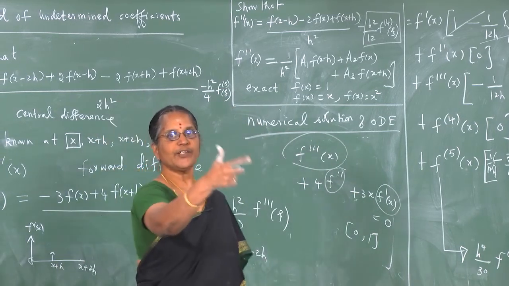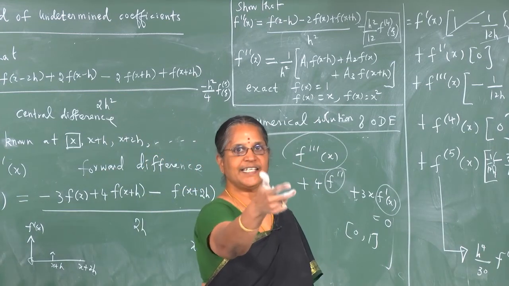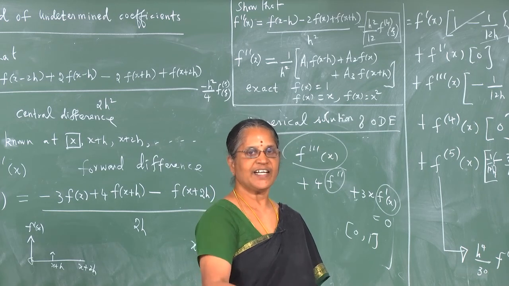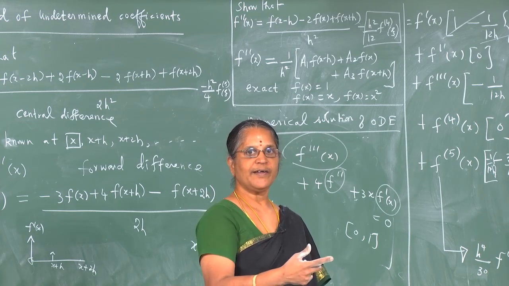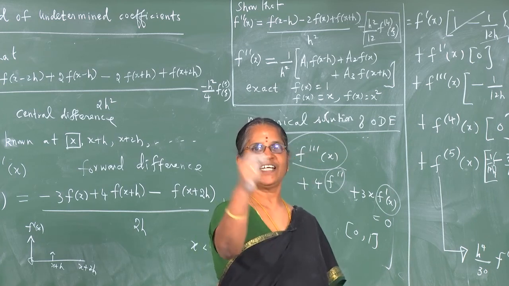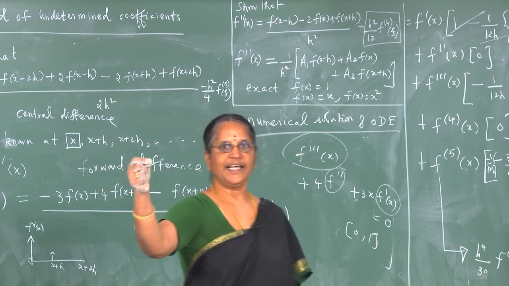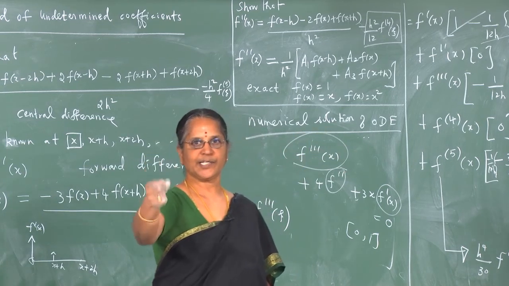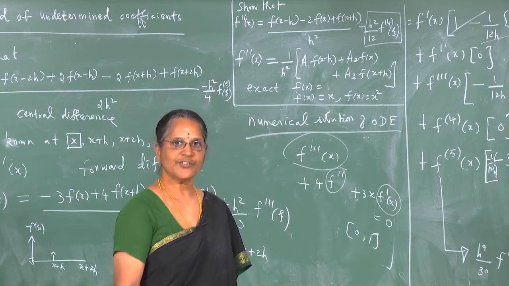Once you have replaced the derivatives by their finite difference approximations, then you need to solve for the unknown value at a set of discrete points, namely the points x, x minus h, x minus 2h or x plus h, x plus 2h and so on.